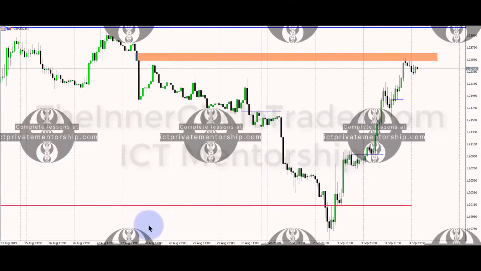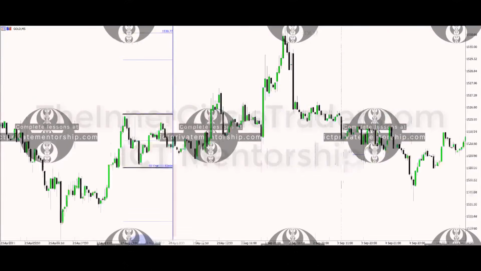I just want to roll right over to gold for a moment. And here's Monday's trading, the New York opening range concept I gave you this past weekend. And projected daily high 1530.77, and it went to a high of 1531.09. Not bad.